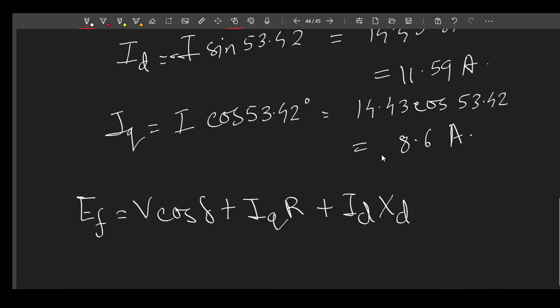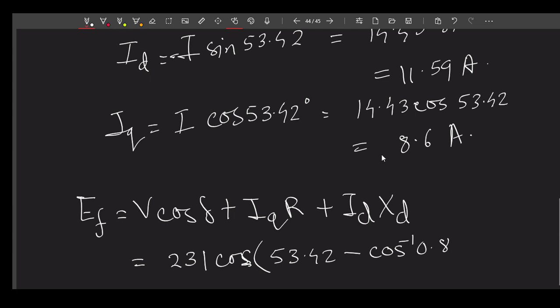So here, if you keep providing the correct values, obviously this will be 53.42 minus cos inverse 0.8 plus IQR, that is 8.6 into 1, plus ID 11.59 into 15.